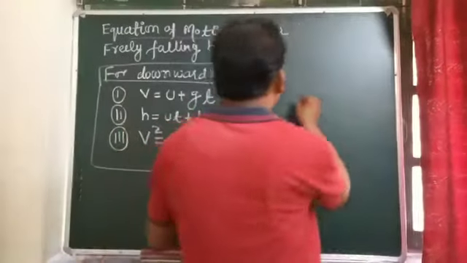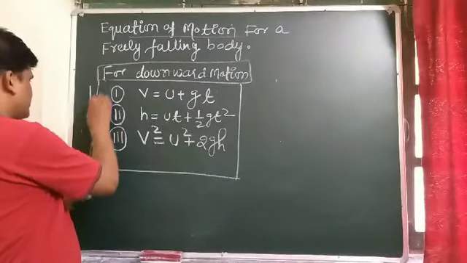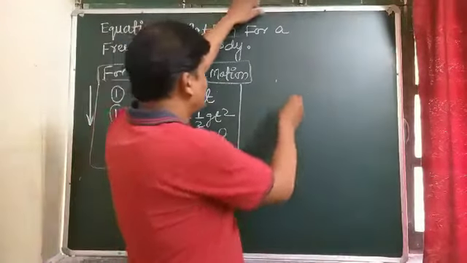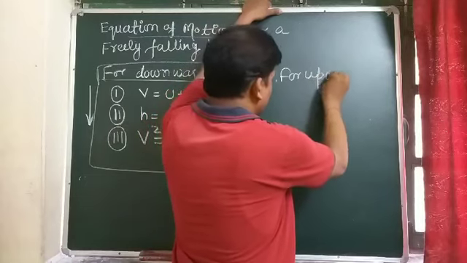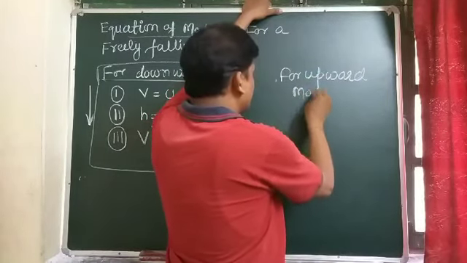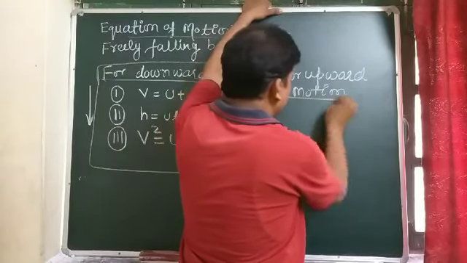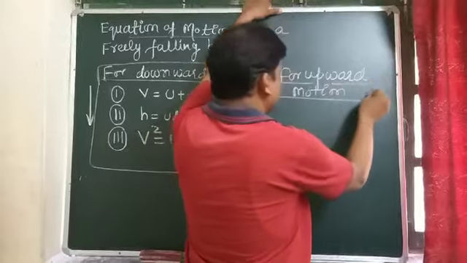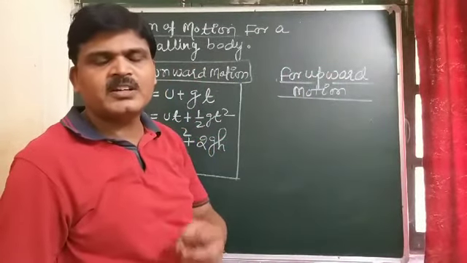For downward motion, this means the object falls in the downward direction. For upward motion, when a stone is thrown vertically upward, its velocity continuously what? Decreases. So acceleration due to gravity, if velocity decreases, is taken to be what?